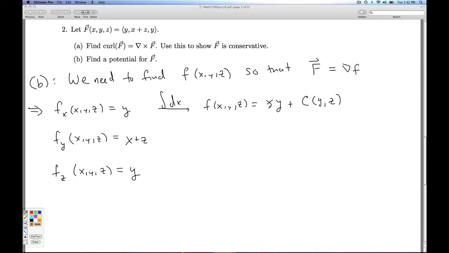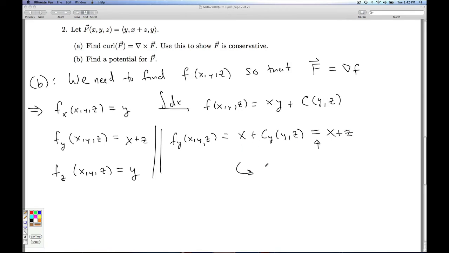So I can take a partial derivative of this with respect to y. So f sub y of x, y, z is what? That's going to be x plus the derivative of this with respect to y. And what does this have to be equal to? I look over here, that's got to be equal to x plus z.